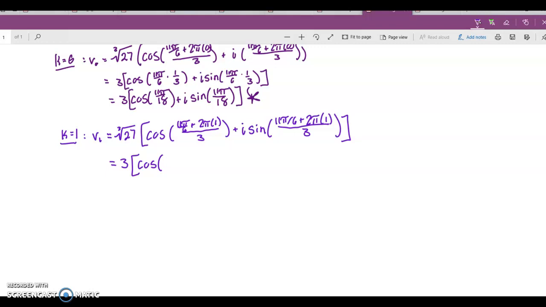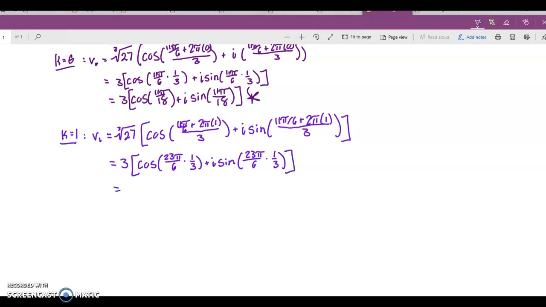If we make a common denominator of 6, that's 12 pi over 6. So 12 pi over 6 plus 11 pi over 6 is equal to 23 pi over 6, times that 1/3 again because of the 3 in the denominator, plus i times sine of the same thing, 23 pi over 6 times 1/3.